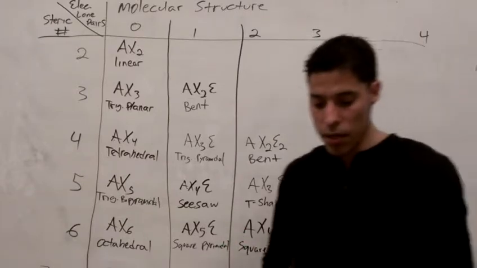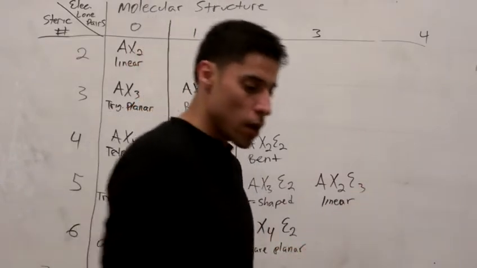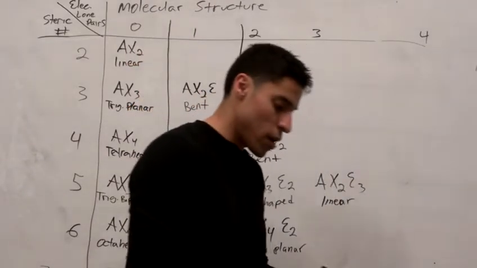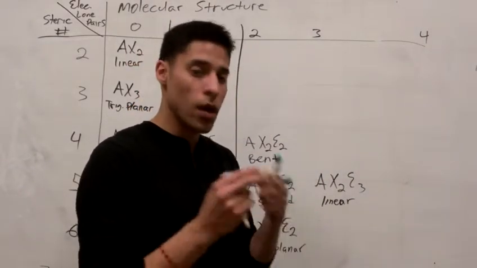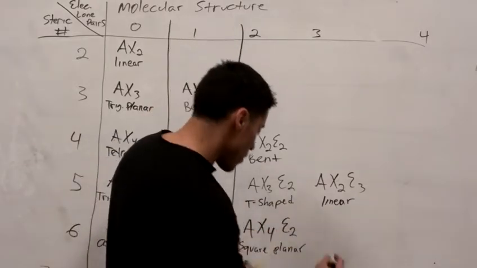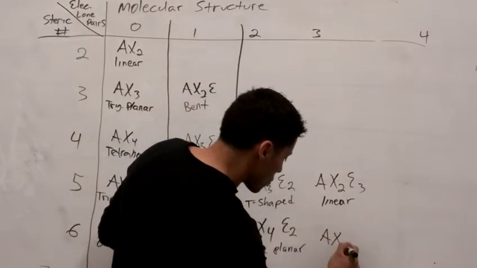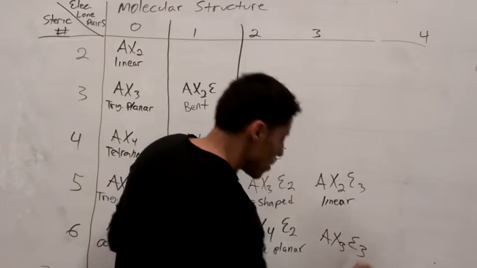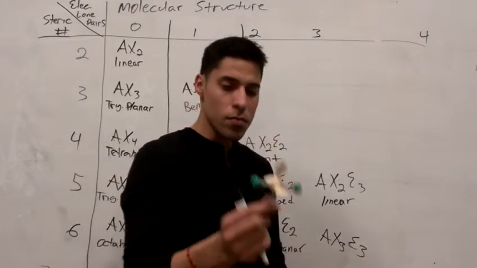Alright, if we continue moving down the list, we're going to take away another bonded electron pair and replace it with a lone pair, giving us an AX3E3 configuration.